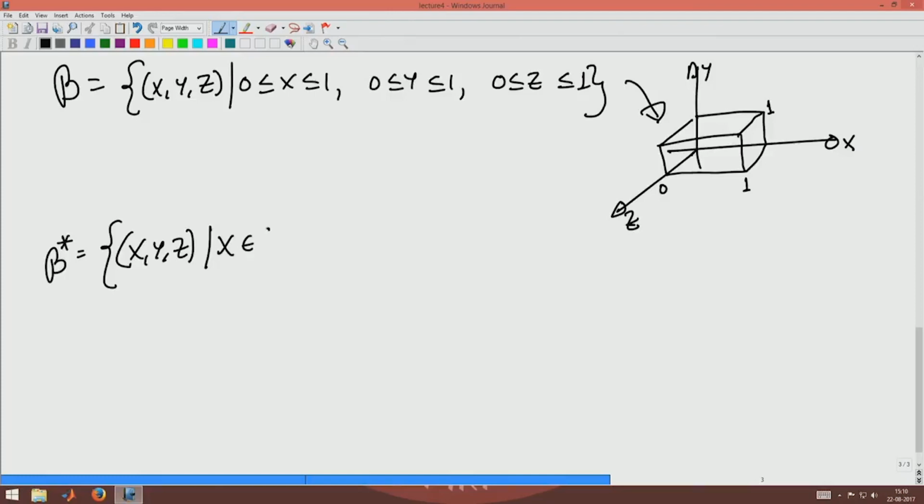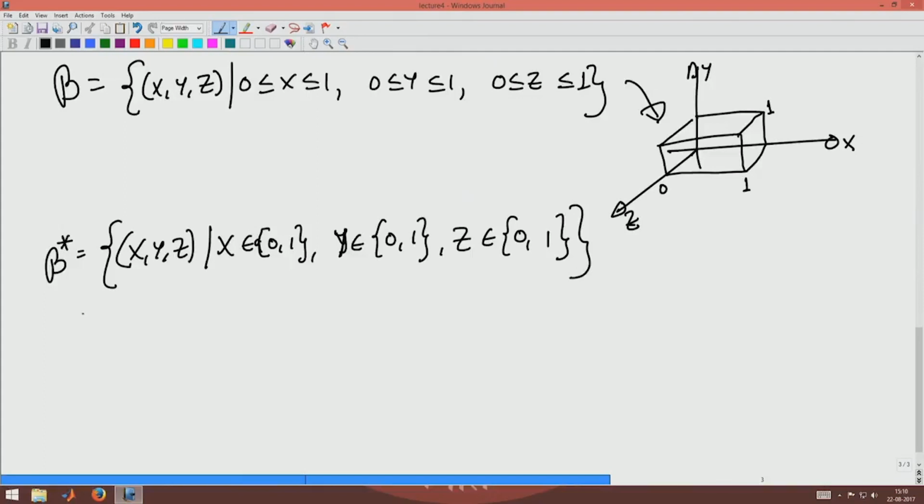x belonging to 0 1, y belonging to 0 1 and z belonging to 0 1.